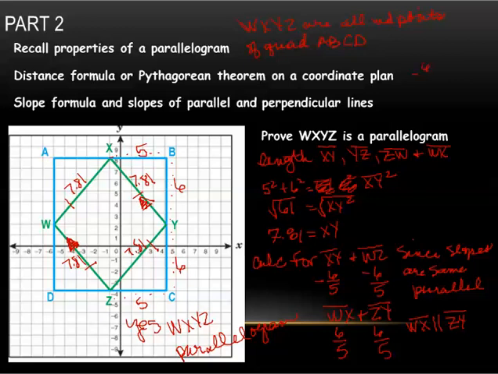So the opposite reciprocal of 6/5 would be a positive 5/6. So this is a rhombus. If they'd been perpendicular, it would have been a square. But since they're not perpendicular, I know that if they have congruent sides, then it's a rhombus. But your question on your test doesn't go into that much detail. They just want you to say whether it's a parallelogram or not.